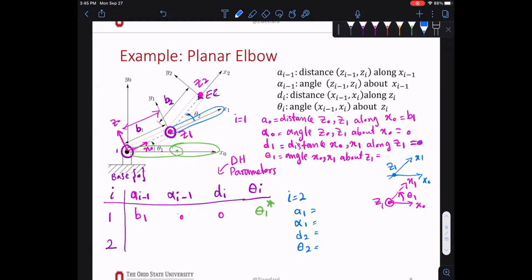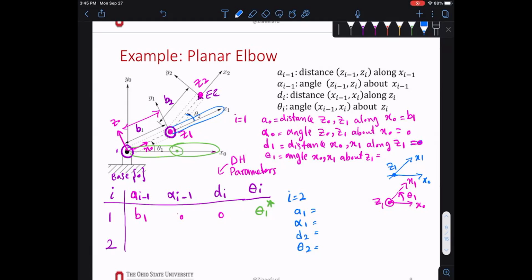We are only looking at the relative transformation between the two frames, right? We forget about what happened before because we're going to multiply this later. So we are only looking at these two frames, and only considering theta 2. Later on, when we multiply, all of them will get multiplied through the big matrix.